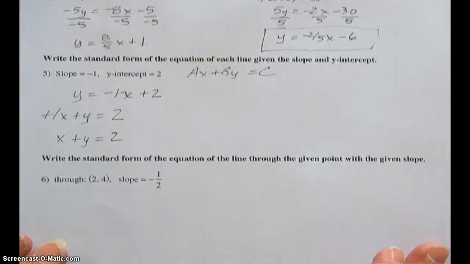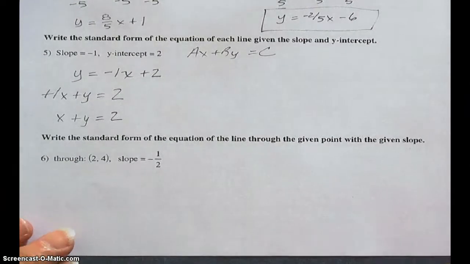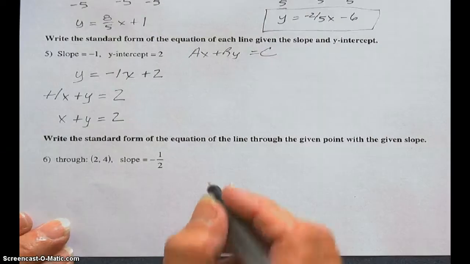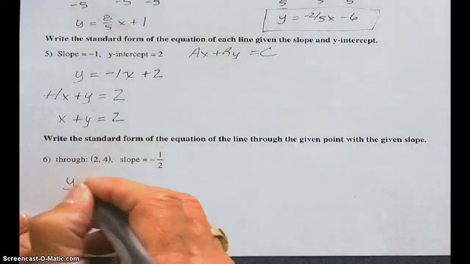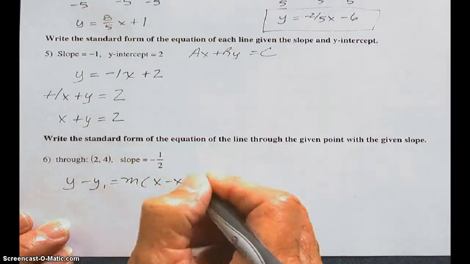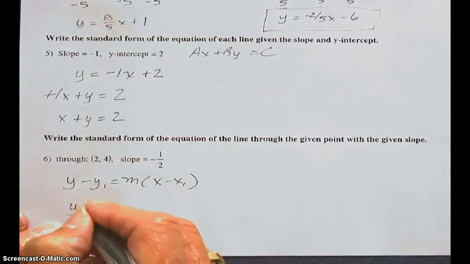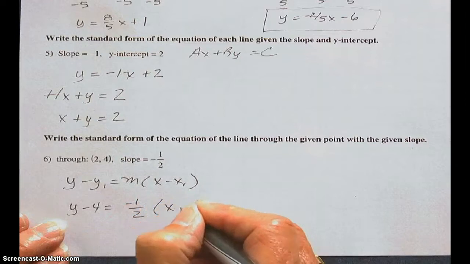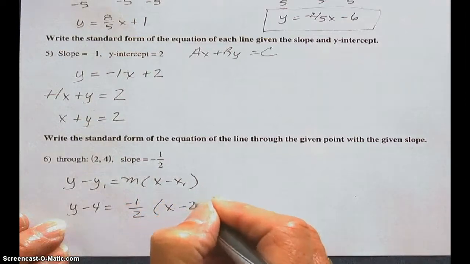Writing a standard form given a point slope, we do have one extra step. Let's remember what that extra step is. First, we have a point and a slope. This is what we did last week. y minus 4 equals negative 1/2 x minus 2.